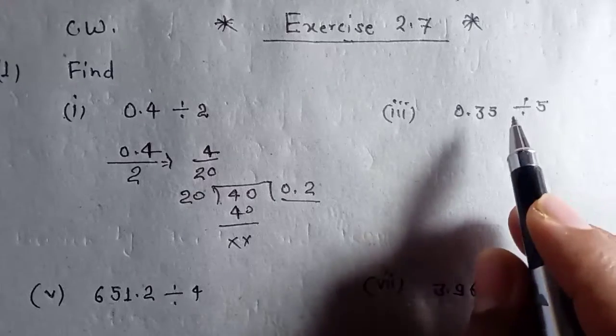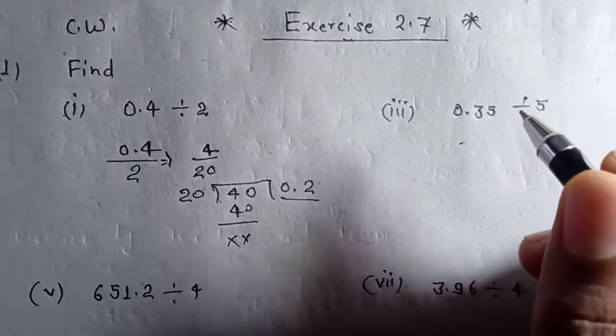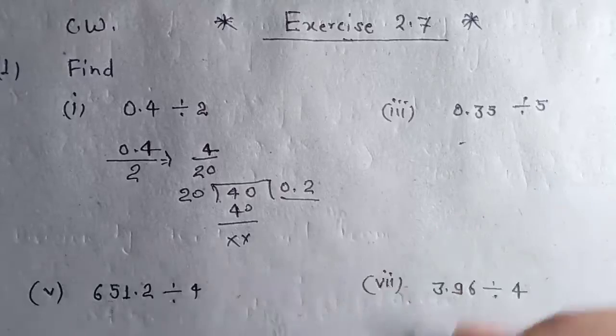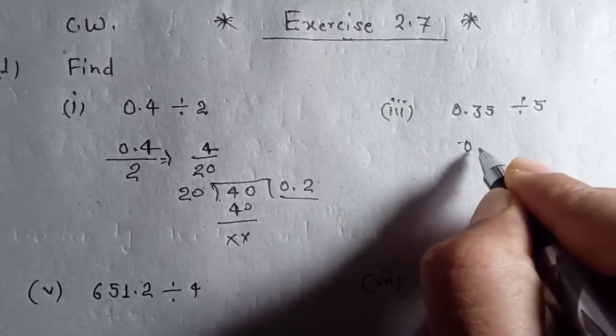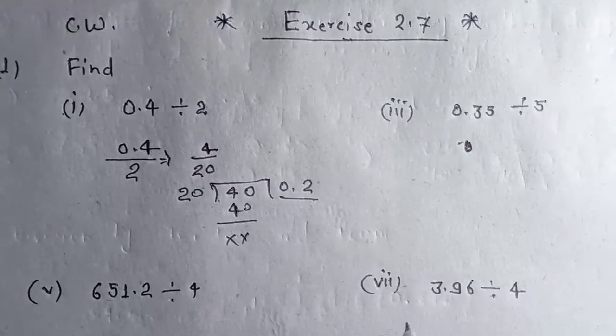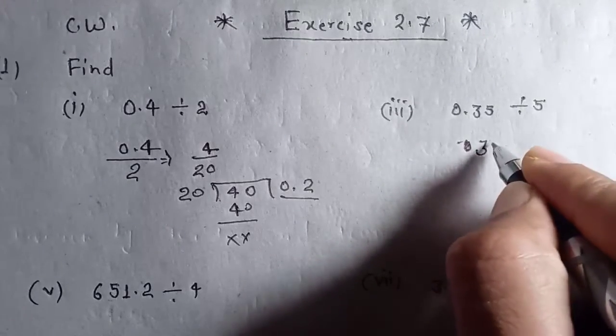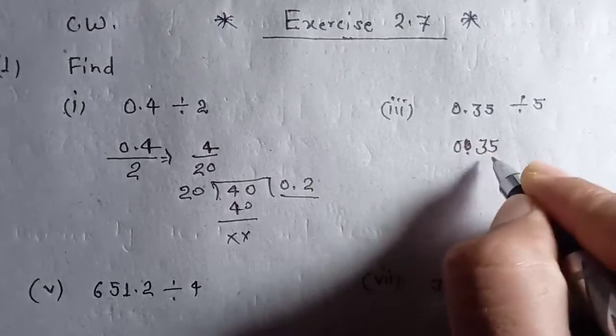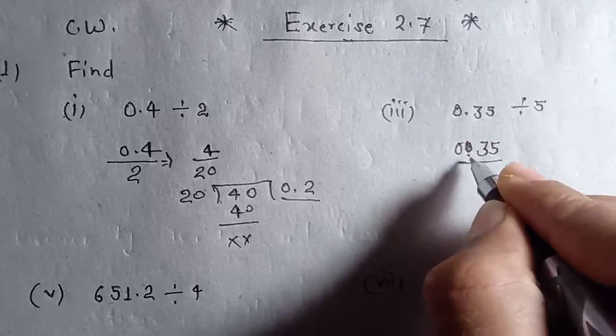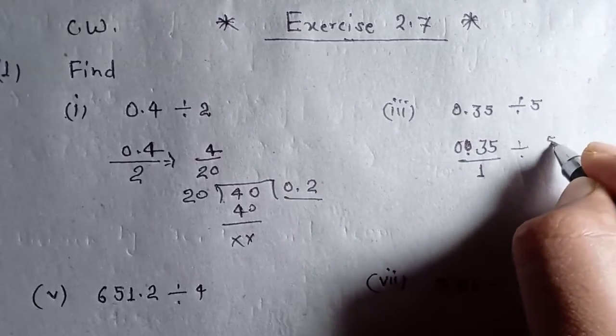If we divide 0.35 by 5, either you can convert these decimal numbers into fractions first. So 0.35, when it is multiplied by 100, you will get 35, or you can write 0.35 upon 1 divided by 5 upon 1.